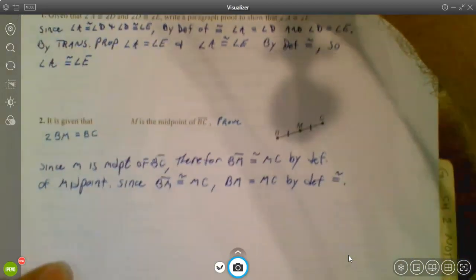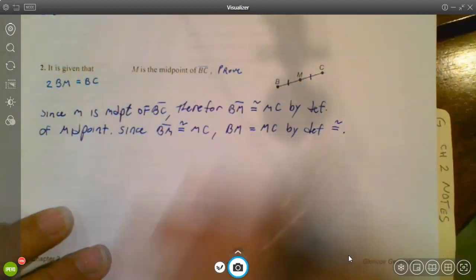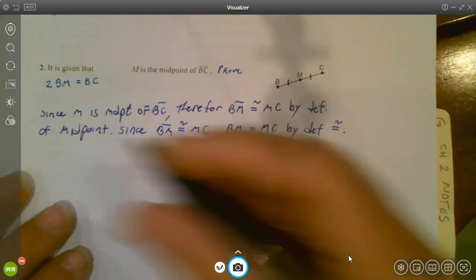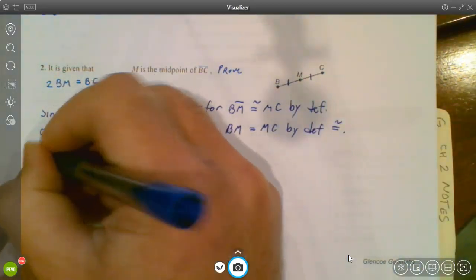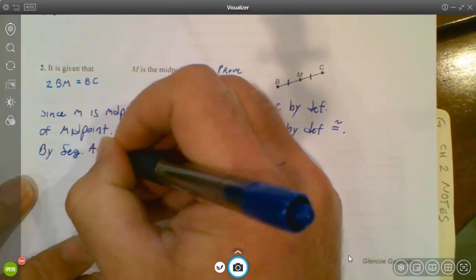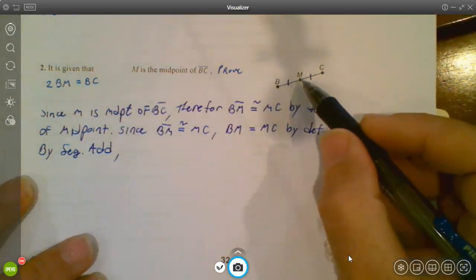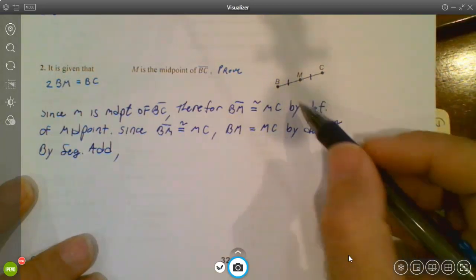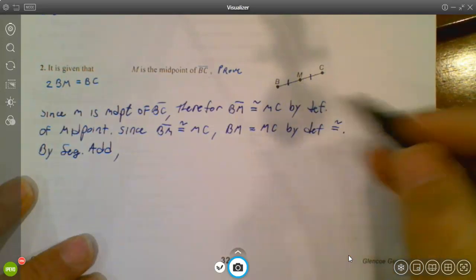So here's one of our huge ideas from last chapter called segment addition. Okay, so we know by segment addition that BM plus MC is equal to BC.